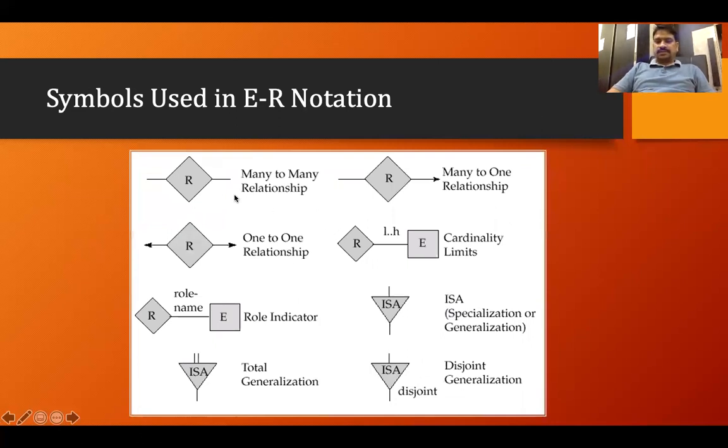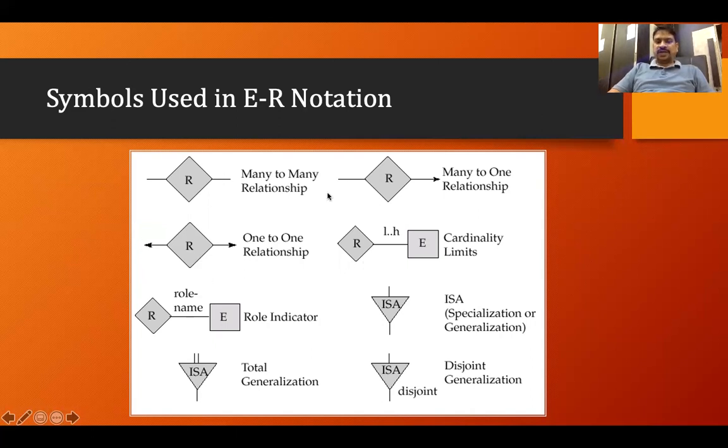Let's see some other symbols. This symbol is telling you about a many to many relationship. Here we have an entity, here we have an entity, in between we have a relation, right? So what is the relation between one entity and another entity? If we just put a line, it will be many to many. If we put a line and an arrow, it will become many to one. If we put arrows on both sides, it will become one to one.